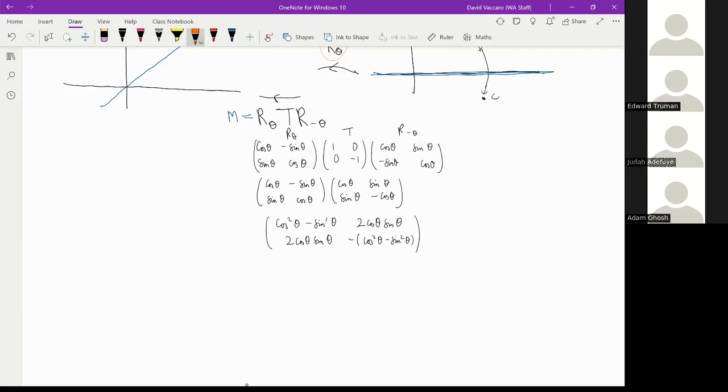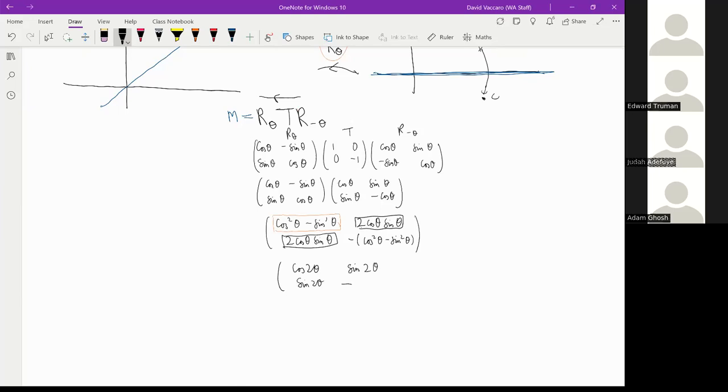Let's see if we recognize any of the terms. So cos squared theta minus sine squared theta is cos 2 theta. 2 cos theta sine theta is sine 2 theta.